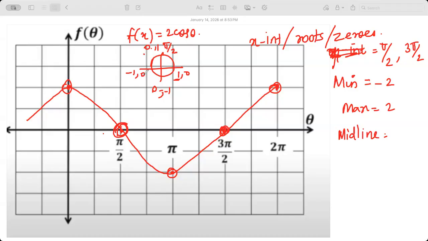Minus 1, 0, correct. So at pi, it will be what? It is minus 1. Aren't the x-intercepts at pi and 0, or 2 pi, same thing? X-intercepts are where? At pi and 0, or 2 pi, same thing. Because you're talking about the sine curve. You're talking about the sine curve or cos curve?